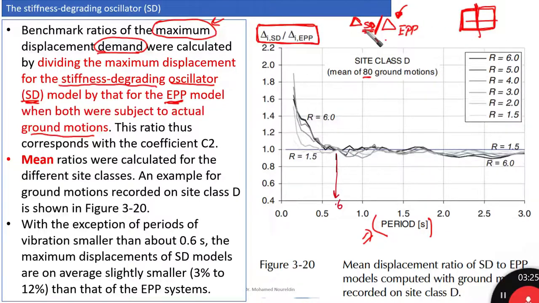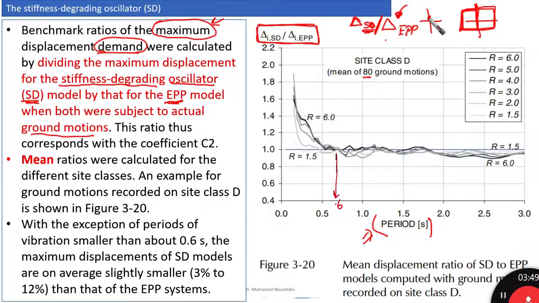However, the SD hysteretic rule is a little bit difficult, and you need to represent it in the model in the right way so that you are sure that it would give us the right response under the ground excitation.